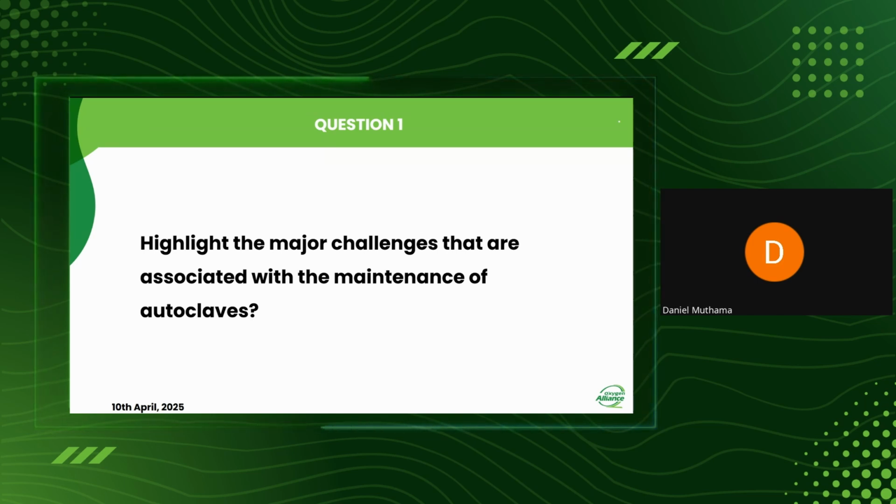Another challenge is when you are replacing the electric heating element, the element may have a diameter that is sometimes a bit smaller than the opening in the autoclave. So when you fix it, you get leakage. It is very important as an engineer that when you are replacing the element, you take care of the area where you put back the gland nut.